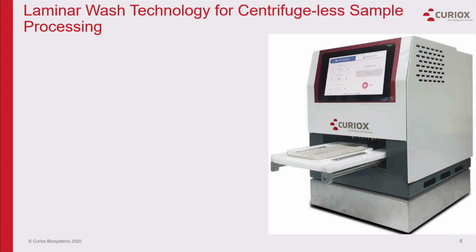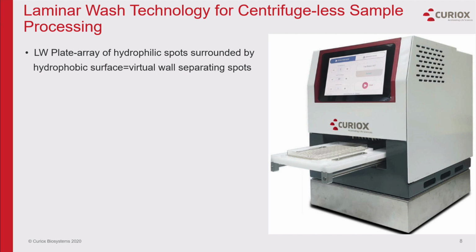So I mentioned the laminar wash technology for a centrifuge-less sample processing method. Basically, let me introduce you to this really briefly right here. As you can see on the right-hand side, it's a two-part system. We have a plate, and we have the washing system as well.